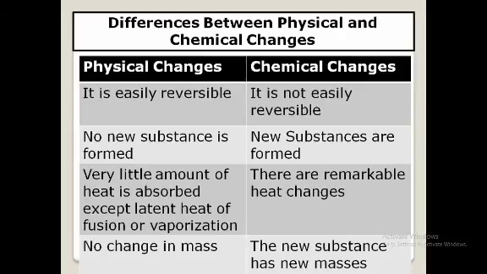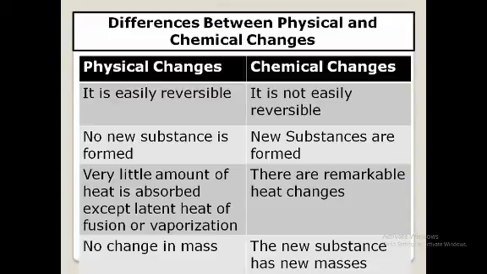So let's look at the differences between physical and chemical change. Number one, we said physical change can be easily reversed, whereas chemical change cannot be easily reversed. No new substances form in physical changes, whereas in chemical changes an entirely new substance forms.